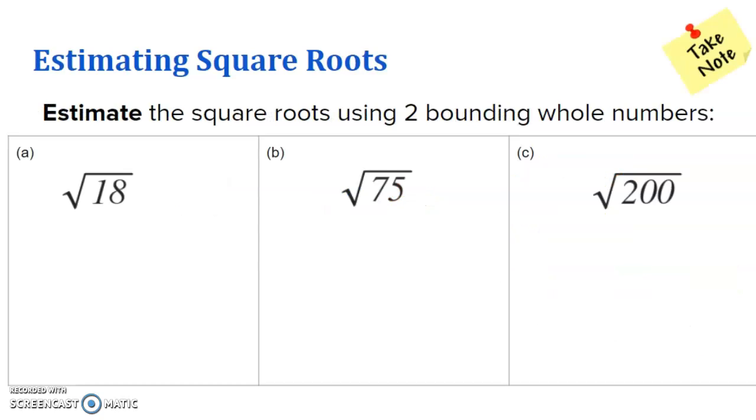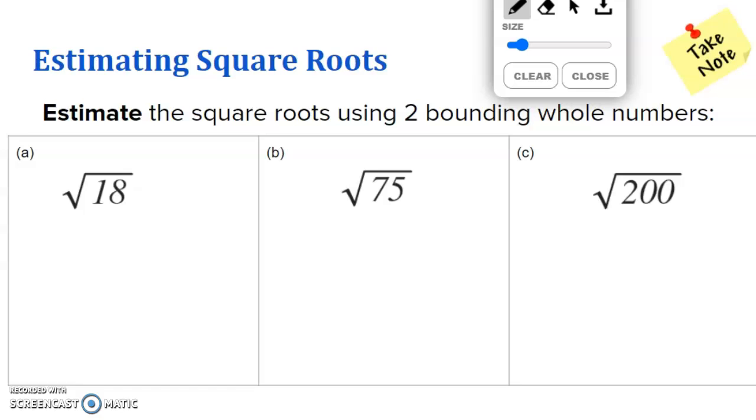Alright, so then estimate the square root using two bounding whole numbers. Okay, so take notes. So I know the square root of 18, what are the perfect squares around 18? Well, the closest perfect squares to 18 will be 16 and 25, because 18 is between 16 and 25.